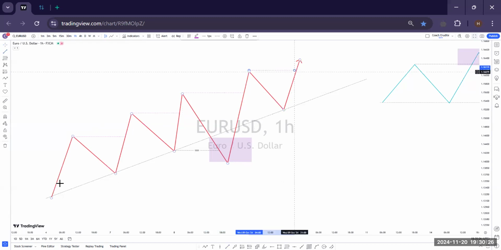And you may see what the price will do. We have the high, low, higher low, higher high, higher low. And price came down, swept the higher low.